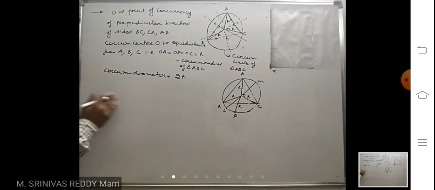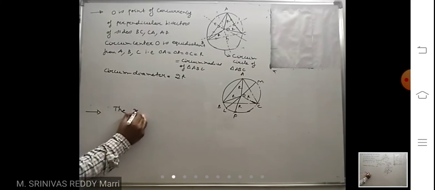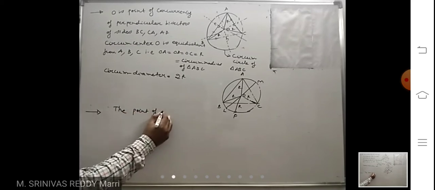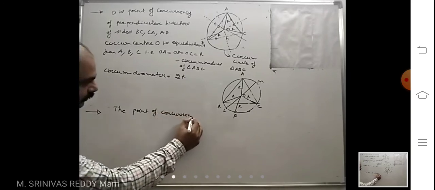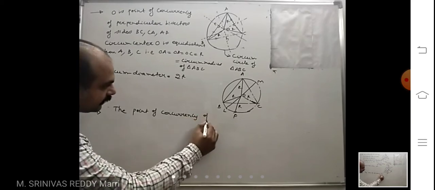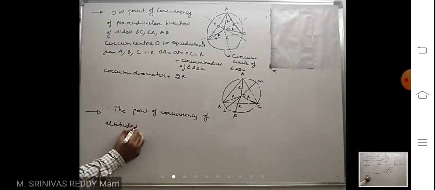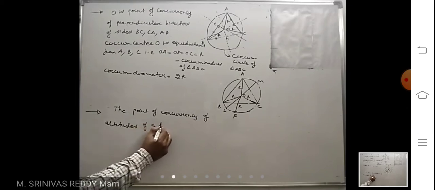Next, we have to discuss the orthocenter. The point of concurrency of the altitudes of a triangle.